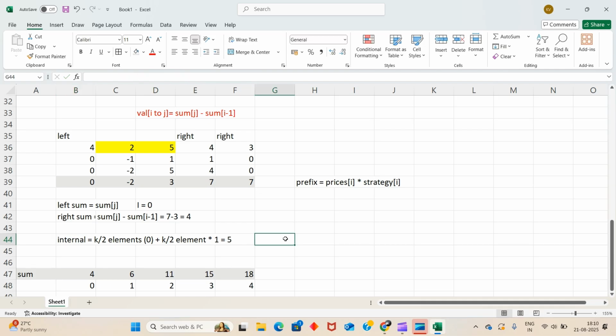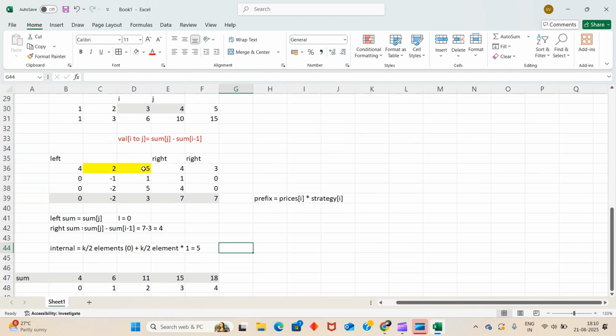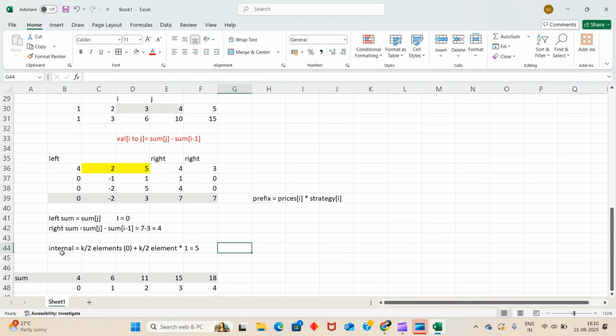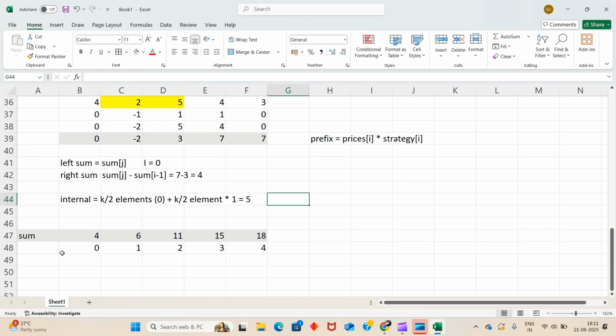Now you got it, right. We just want to find the left sum, right sum, and internal. We will need to maintain two arrays. There are different ways to solve this question. I am considering the prefix sum concept and showing that solution. This might not be the best solution, but yes, this will be O of n time complexity, which I will explain later.